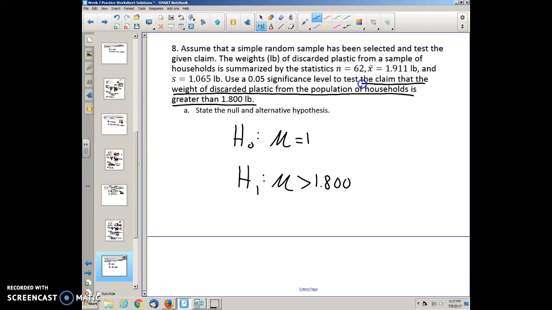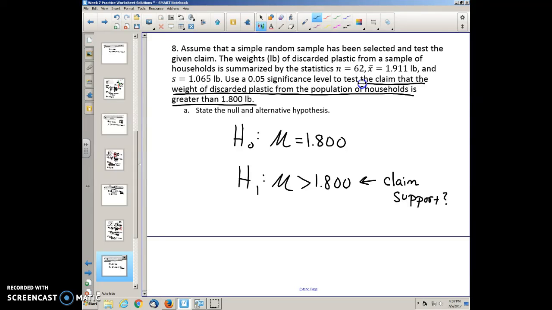The null is mu equals 1.800. Our claim is with the inequality, so it's either sufficient evidence to support or insufficient evidence to support that claim. It all depends on where the test statistic falls.